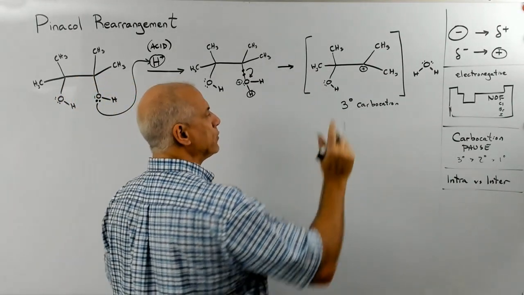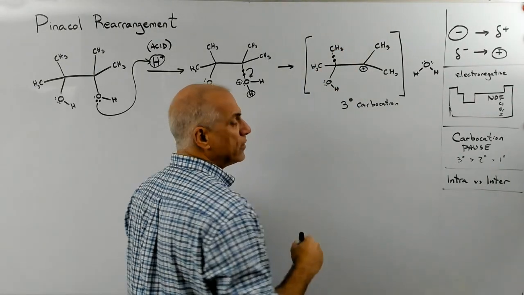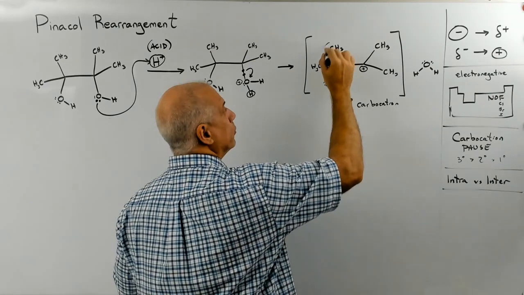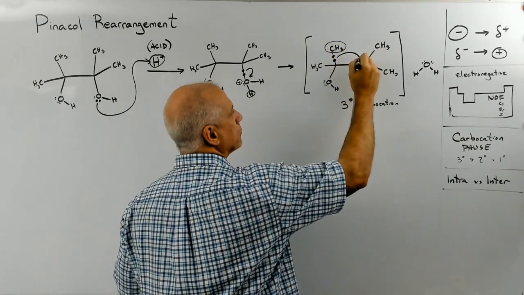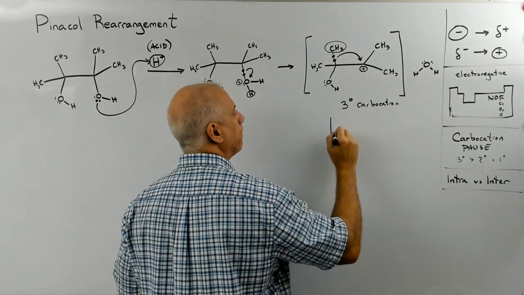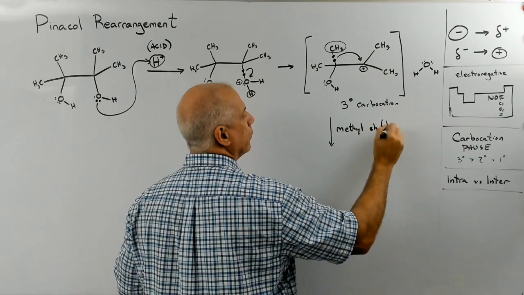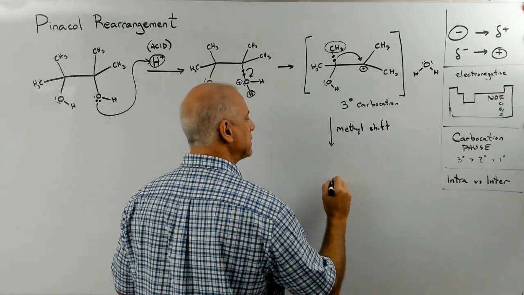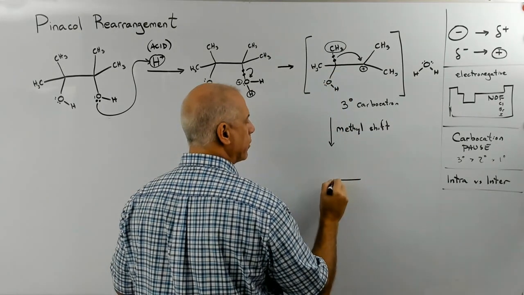But there's going to be a rearrangement here. We're going to steal a methyl group from the adjacent carbon. We'll do an alkyl shift or methyl shift. And when that happens, now this carbon right there on the left becomes a carbocation.